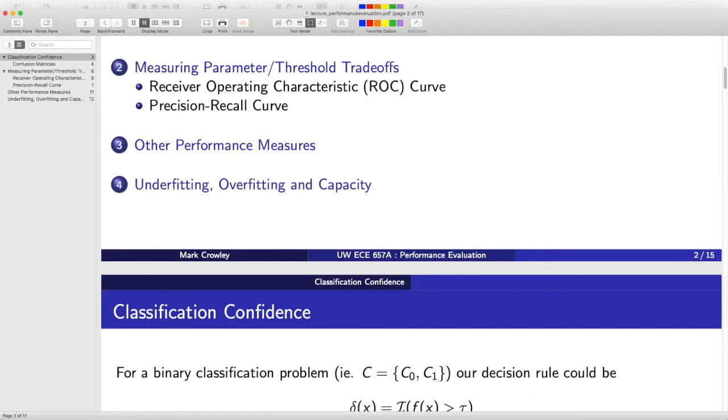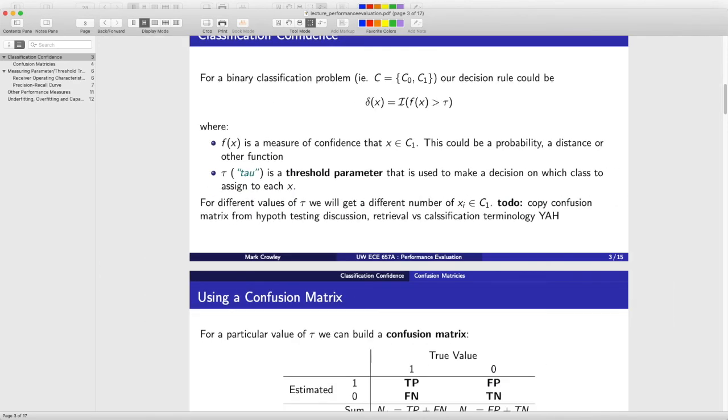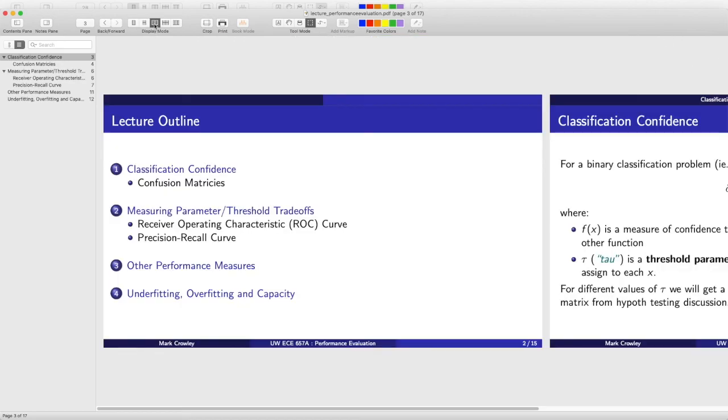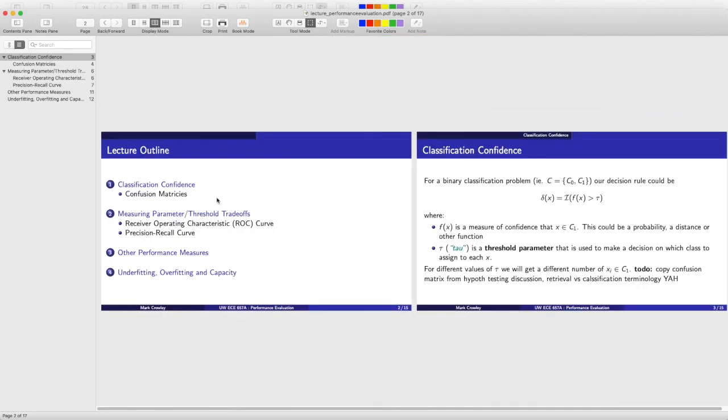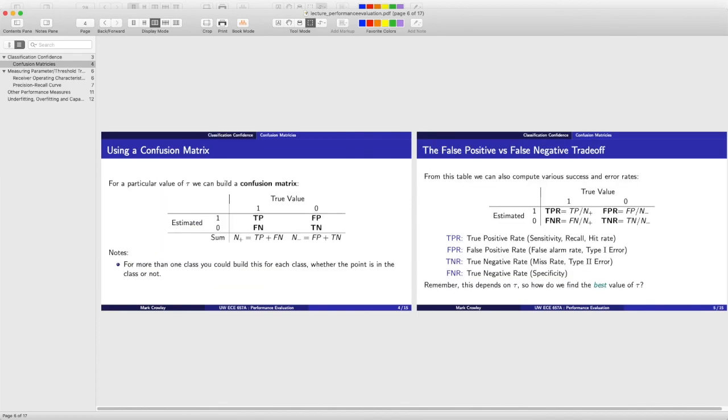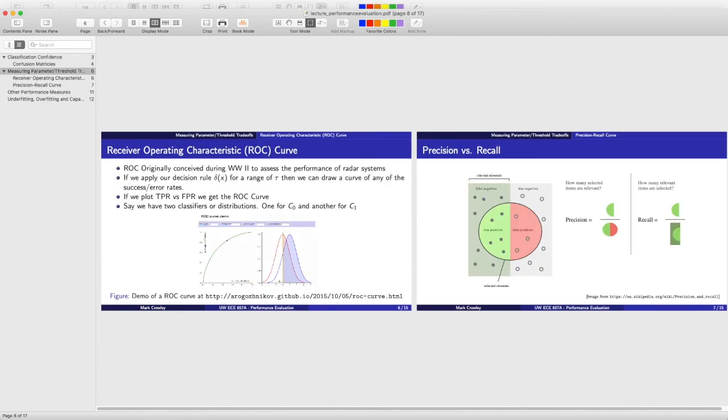And then tomorrow we will talk about these performance evaluation curves, methods for saying whether your classifier is working well or not, and that kind of thing. These slides are already up there if you want to take a look. We'll talk about some of the ways we can evaluate whether a classifier is working or not.